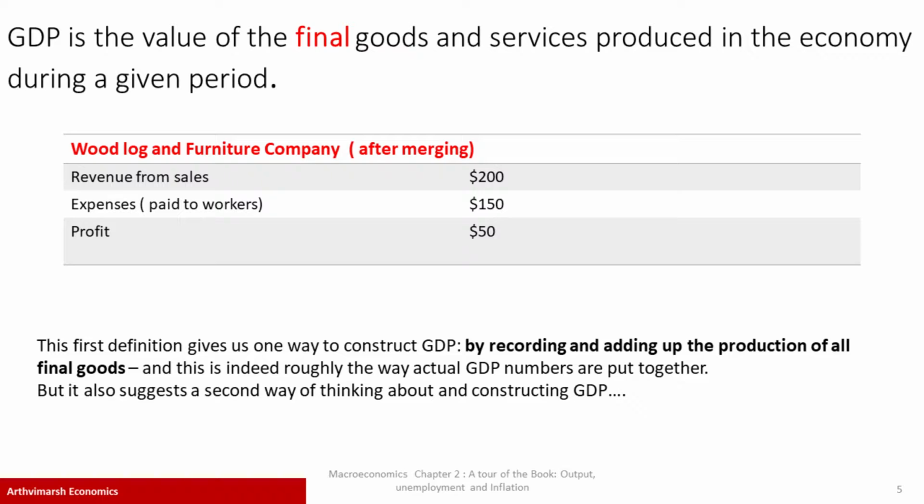Now the accounts of the new firm would be given as the revenue from the sale is going to be $200, the expenses are going to be $150, and the profit will be $50, right? So all we would see would be one firm selling the table for $200 and paying the workers $150, right? $80 to those who were chopping woods and making those logs, and another $70 to those who were working to make a table, right?